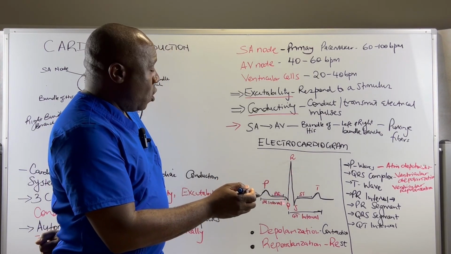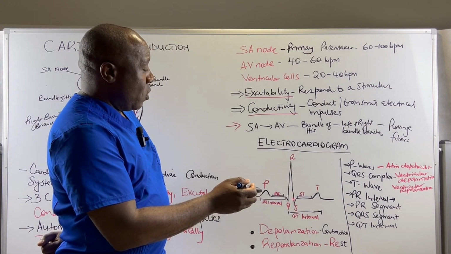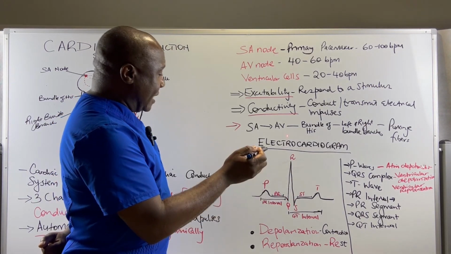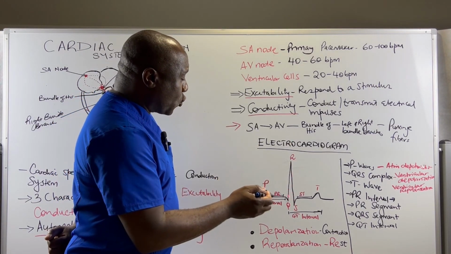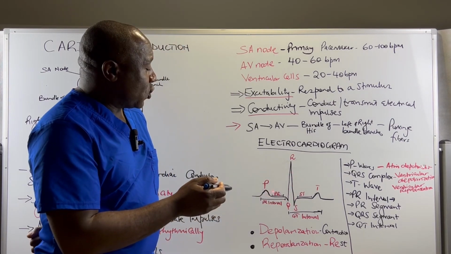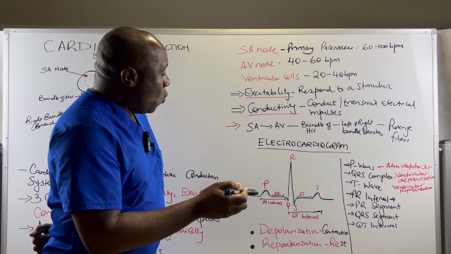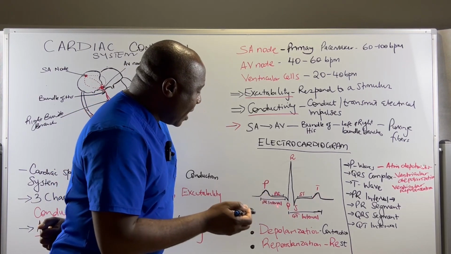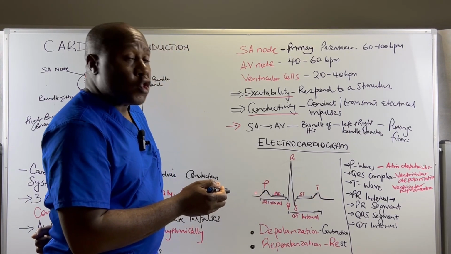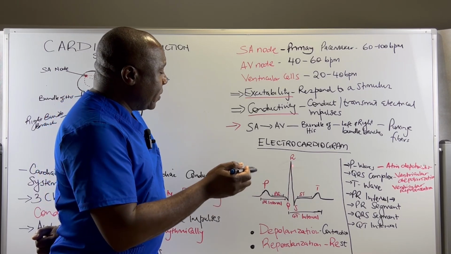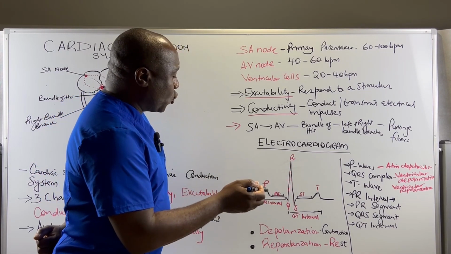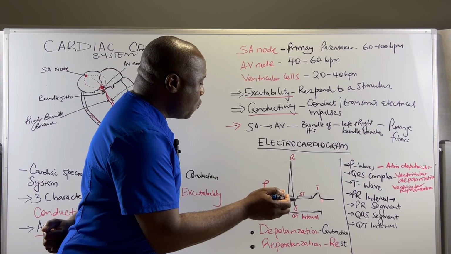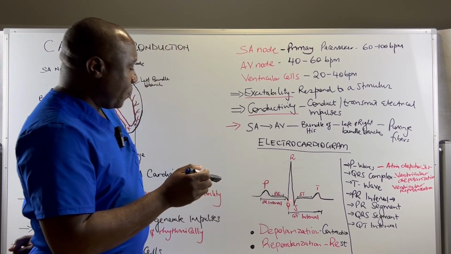It is invisible; we cannot see it. Why? Because the time the ventricles contract, that's when the atria relax. But when the ventricles relax, then the atria contract. So this represents ventricular contraction, and this represents ventricular relaxation.